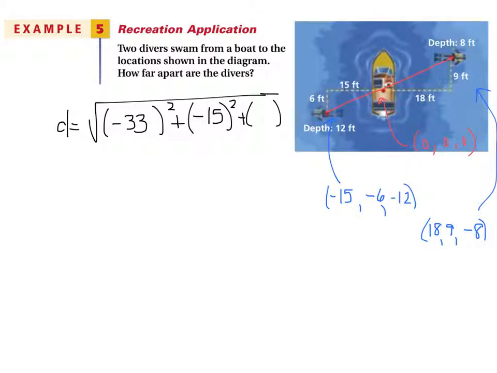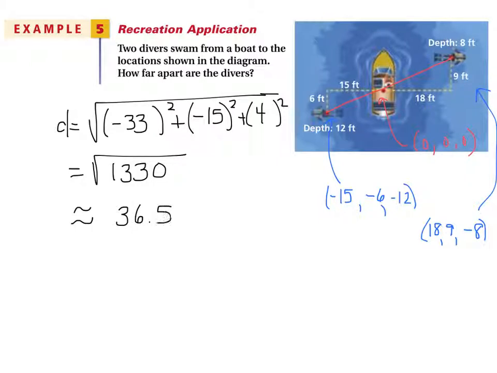Well, that's negative 12 plus 8, which would be negative 4 squared. If I added those up, negative 33 squared, plus negative 15 squared, plus 16, that would give me the square root of 1,330, which gives me approximately 36.5 feet as the distance apart.